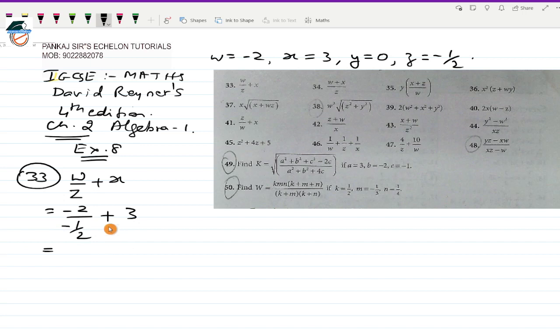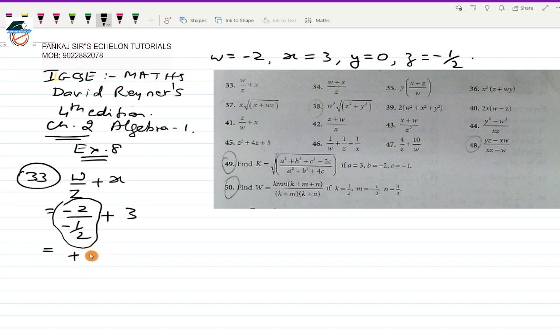So first I plug in the values of w, z and x, and I got this. Now this part of the question is -2 upon -1/2. So it's an integer, -2, divided by a fraction, -half. In the numerator there's a minus, in the denominator there is a minus, so minus upon minus will be plus.